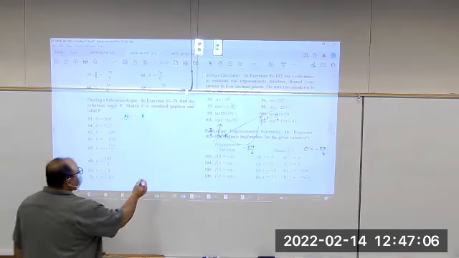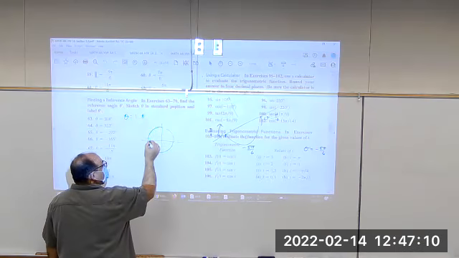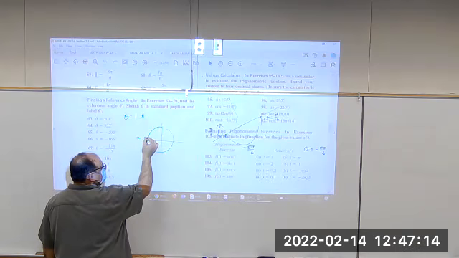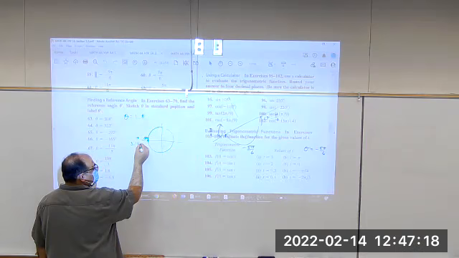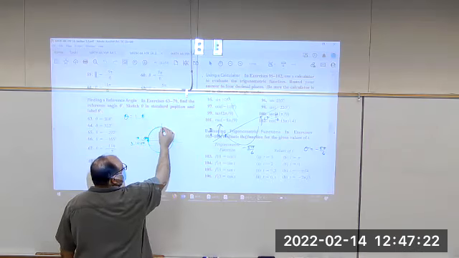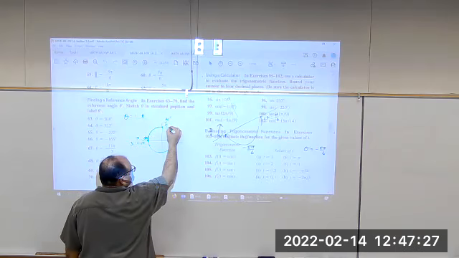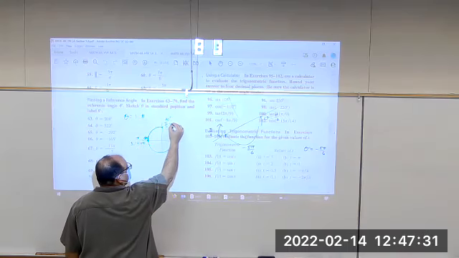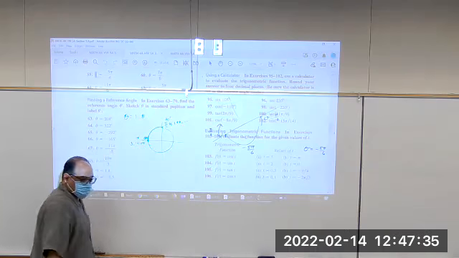So you know that 180 is the same as pi, right? Pi is approximately 3.1415. At 90, that's pi over 2 radians. 3.14 divided by 2 is approximately 1.57 radians.